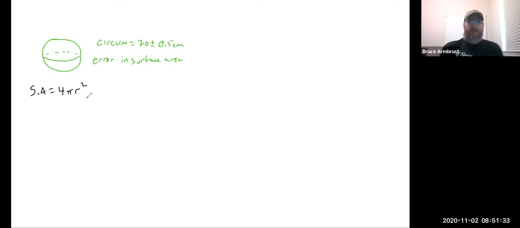Now, if I just differentiate this right now, I will get my dA, delta A, the error. But the problem is it's going to be in terms of an error in the radius, and I don't know the radius. What I actually know is the circumference. So what I'd rather do is get my surface area equation in terms of circumference.